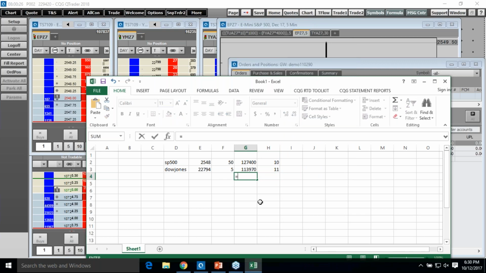So currently the dollar value differential between the two is $13,430. But when you equate those with these ratios, you will see that the dollar value differential is much lower, right? So the price is 25, 48. Each point is $50, and we are trading it with 10 contracts, right? So now the underlying becomes 1,027,274,000.